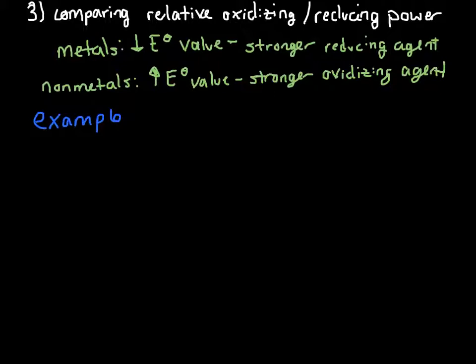For nonmetals, the higher your E value is, the stronger the oxidizing agent. Essentially the exact same thing we talked about back in 9.3. So you could go to table 14 and draw an arrow going down the oxidized species, you increase your oxidizing agents. Use an arrow going up your reduced species, you increase the reducing agent, and so forth. So what does this mean in terms of an example?